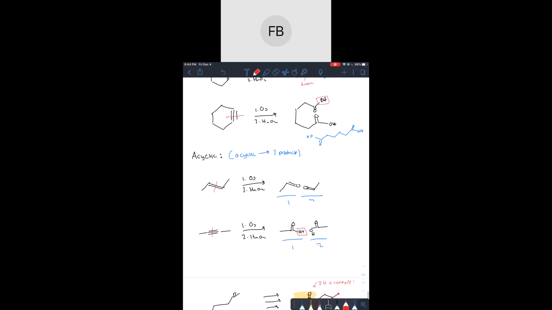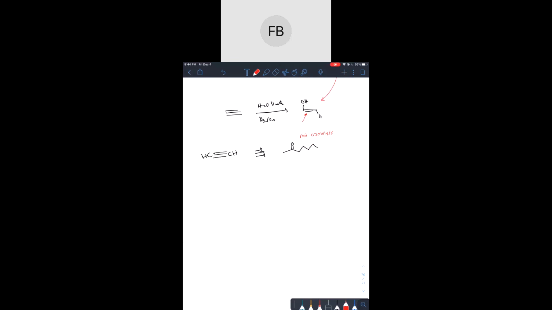So going back, we now know that this was not ozonolysis from a triple bond, because this is a ketone. It has no OH involved.